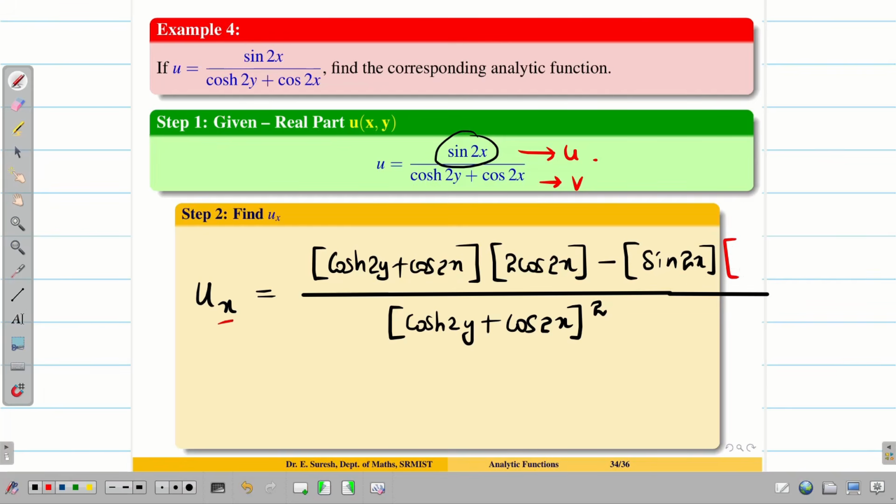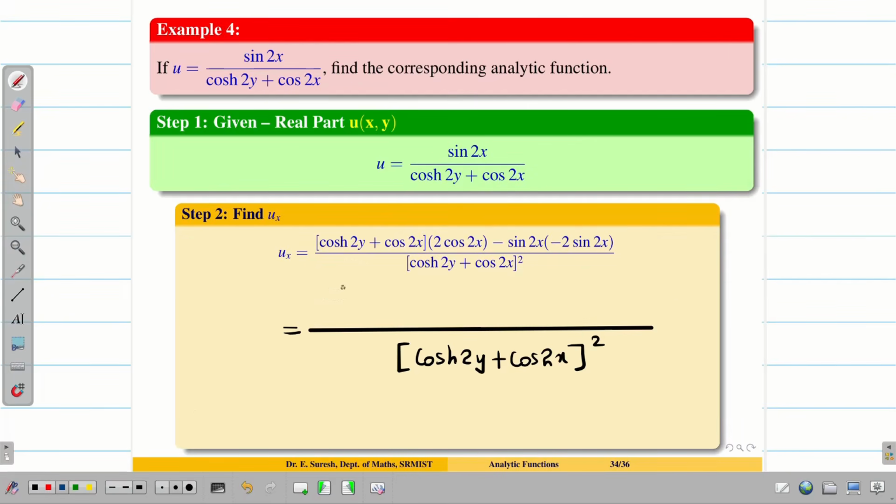Since we are differentiating partially with respect to x, the first term will become 0. Second term, cos 2x differentiation is minus 2 sin 2x. Now simplifying the numerator further, we have 2 cosh 2y cos 2x plus 2 times cos square 2x, minus into minus, plus 2 times sin square 2x.